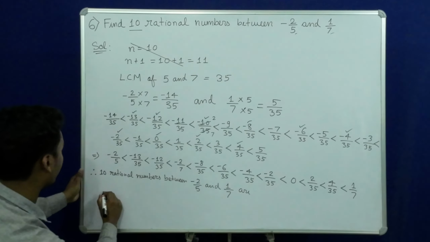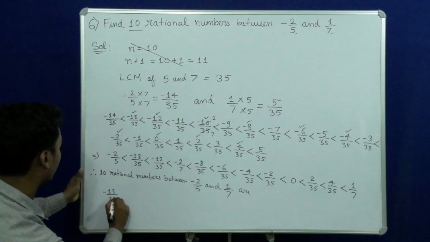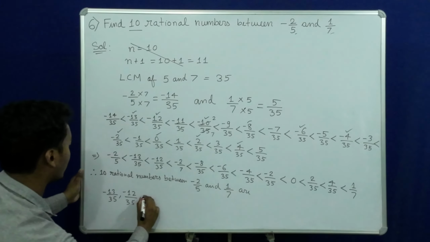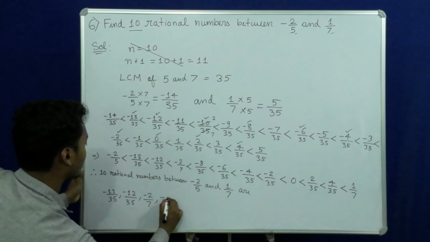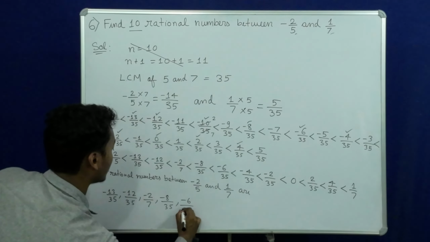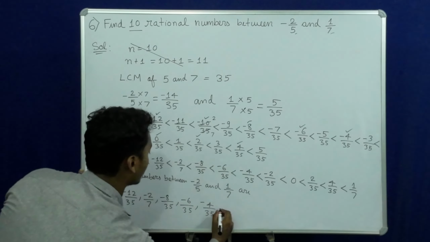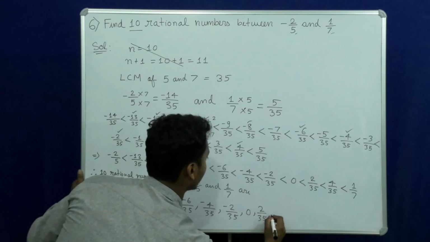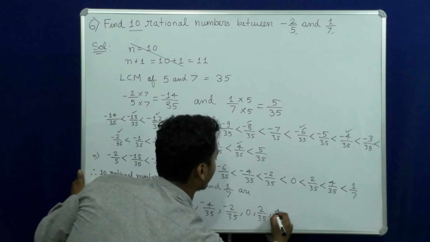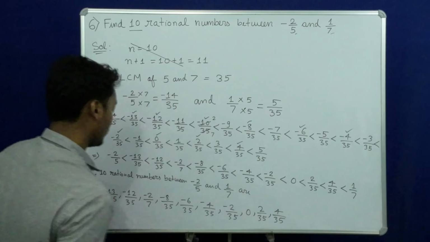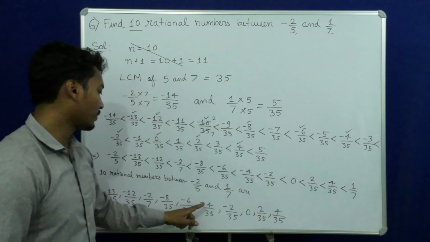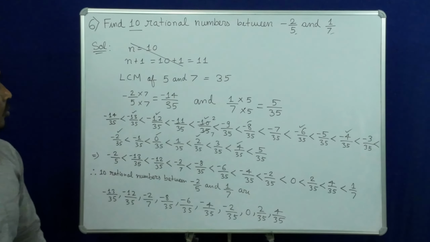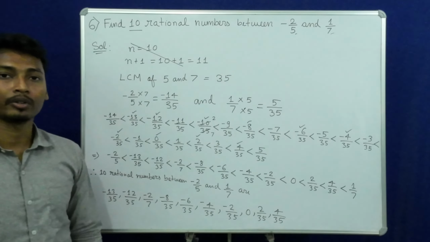Negative 13 by 35, negative 12 by 35, negative 2 by 7, negative 8 by 35, negative 6 by 35, negative 4 by 35, negative 2 by 35, 0, 2 by 35, 4 by 35. 1, 2, 3, 4, 5, 6, 7, 8, 9, 10. So this will be your answer.